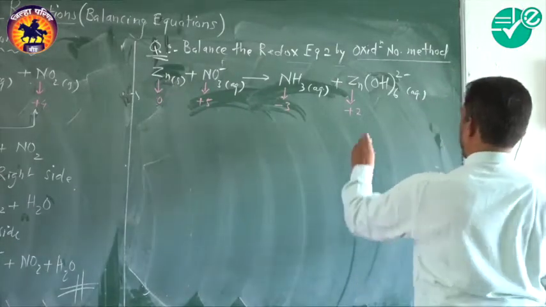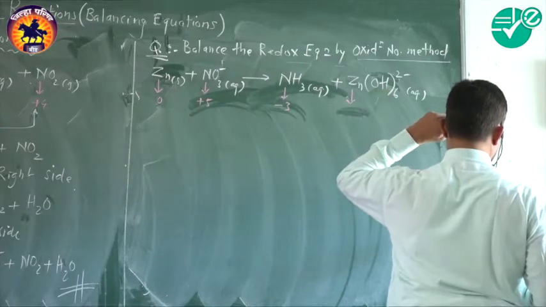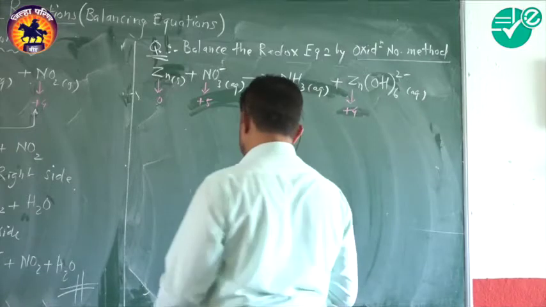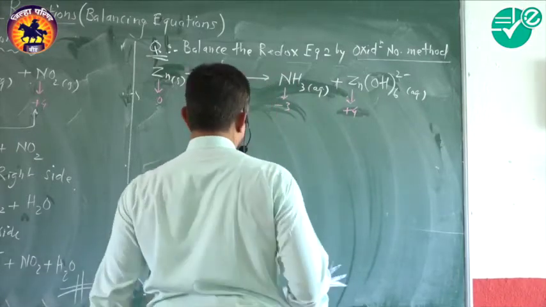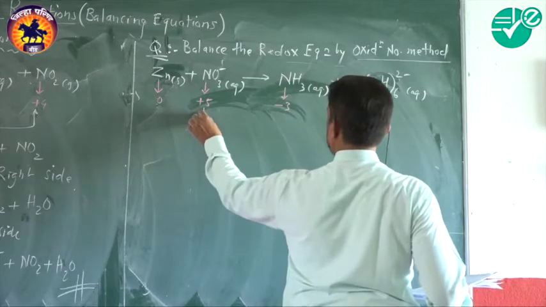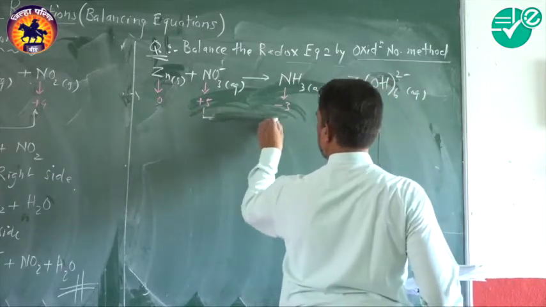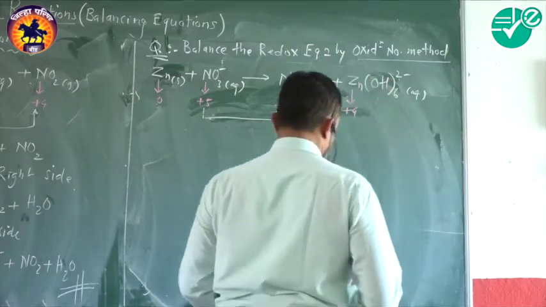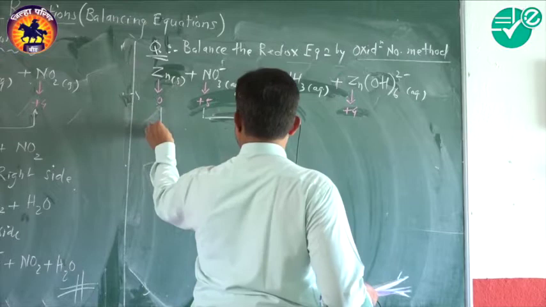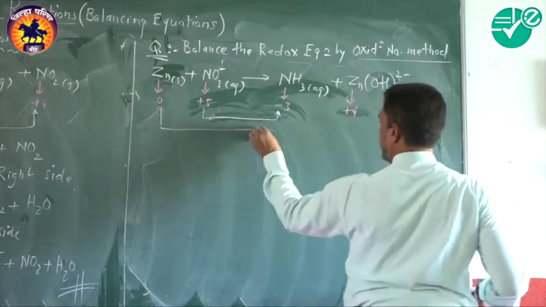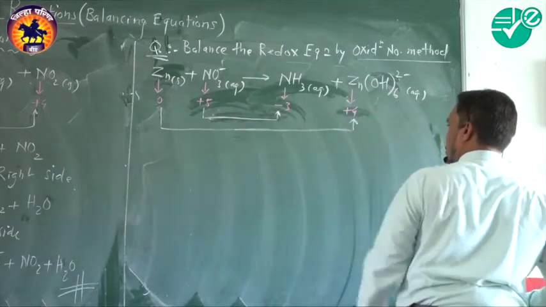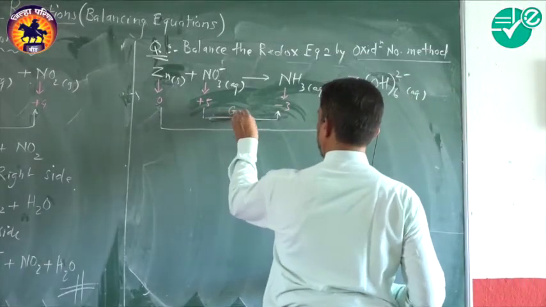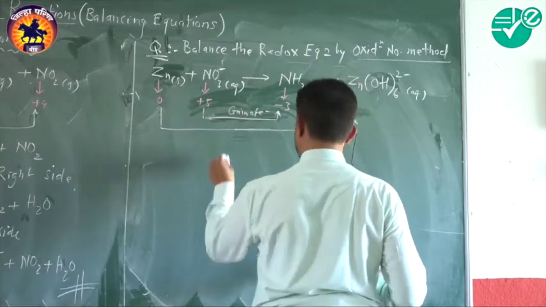Now you have to calculate here, so it's coming out to be plus 4. Now the oxidation number of nitrogen is reduced from plus 5 to minus 3. So here it is the reduced species, whereas zinc's oxidation number increases from 0 to plus 4. Therefore here the electron is gained and here electron is lost.